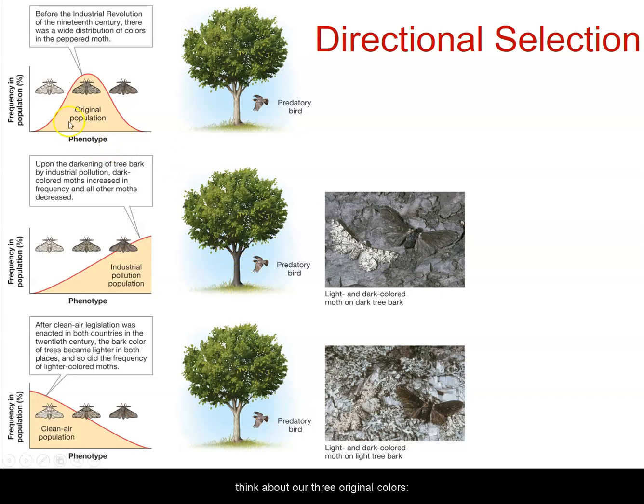So if you think about our 3 original colors, white, peppered, and black, which ones are going to survive? In this case, the black ones would survive because the black ones could blend into the trees. The peppered ones and the white ones were very obvious and stood out, so any passing bird would eat them.